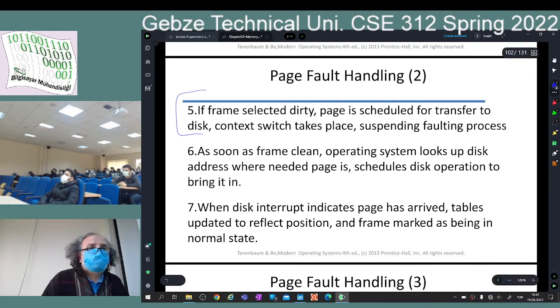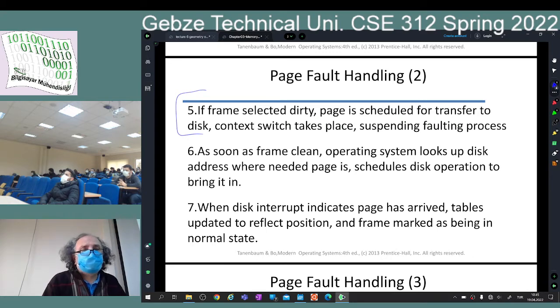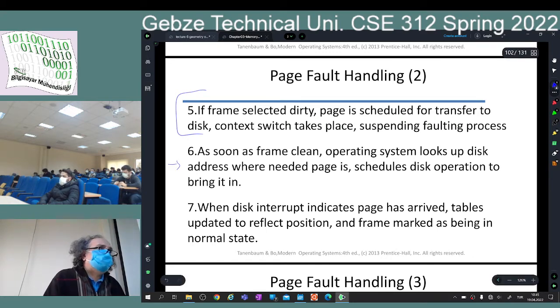Okay, as soon as the frame is clean, the operating system looks up the disk address where the needed page is. This doesn't always happen this way, because that page might already be in the memory.